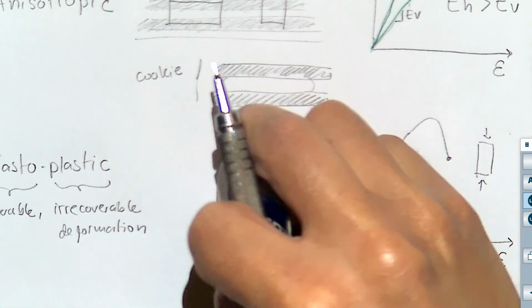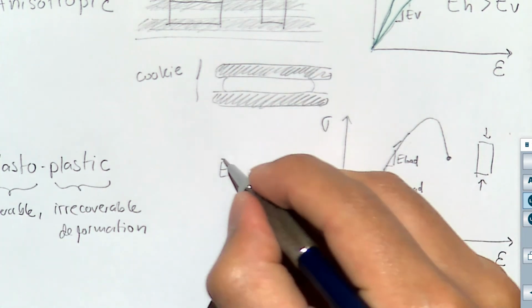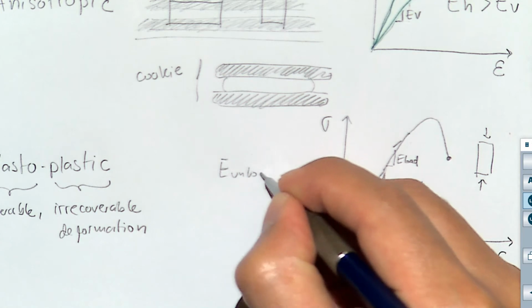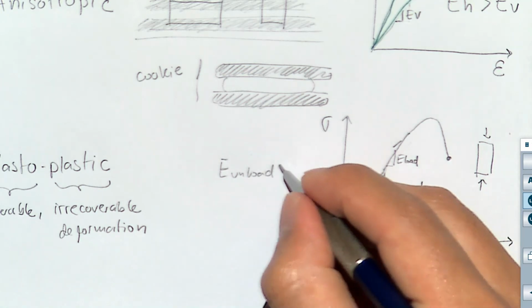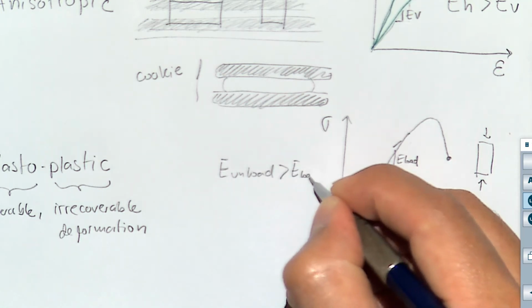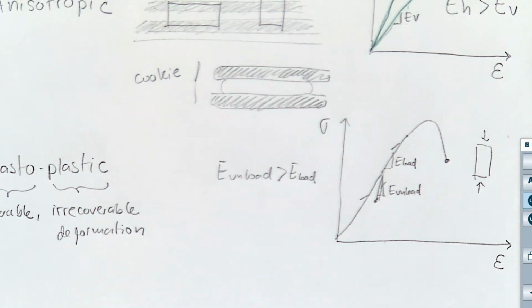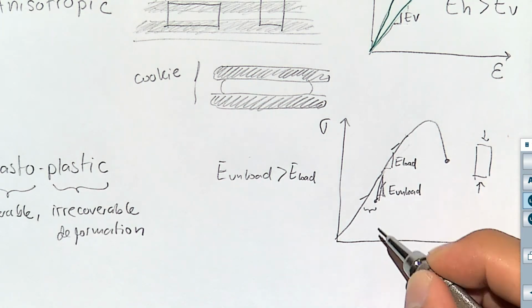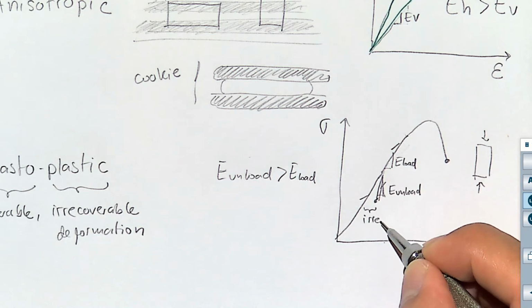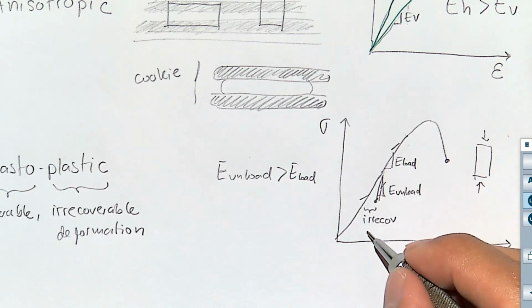The unloading modulus is going to be larger than the loading modulus. And the reason for that is when we do this type of deformation, we get all of this irrecoverable strain.